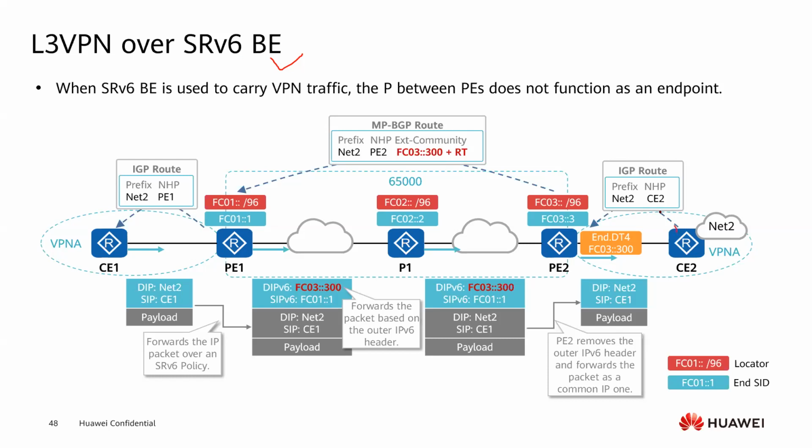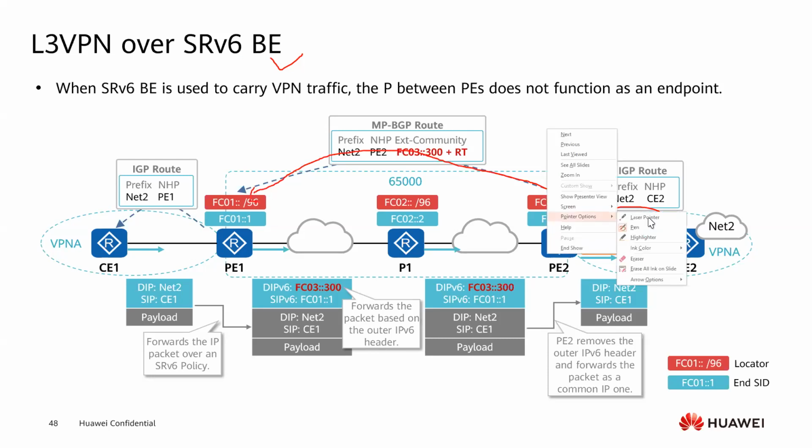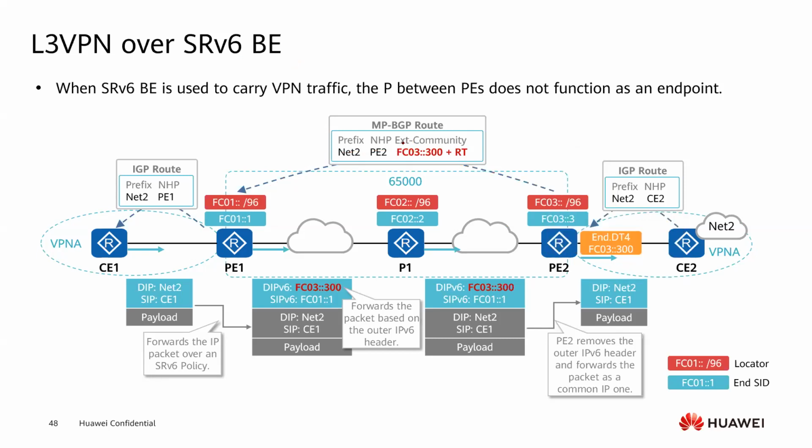The CE2 sends the packet to PE2, PE2 sends to the P1, and then looks at the information carried in the BGP route. They will carry the private label. They will carry this and the DT4, sending to the destination, and the destination sends to CE1.